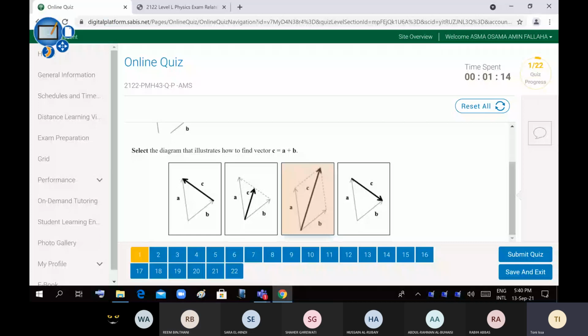Sir, second number. Yes? What if they wanted the triangle rule? Triangle law, for example, here, none of them is correct.